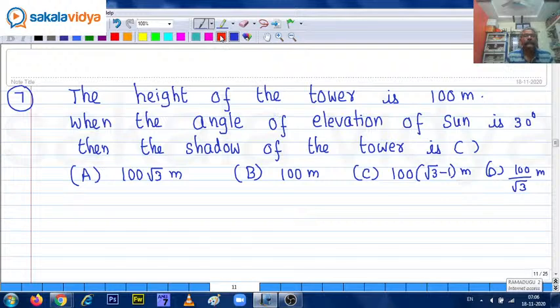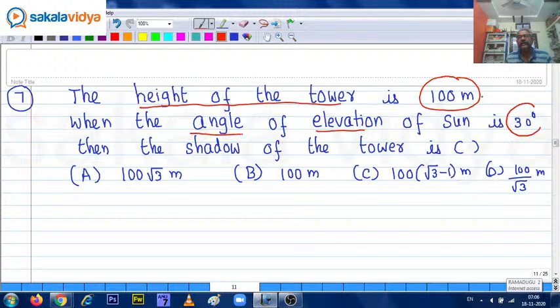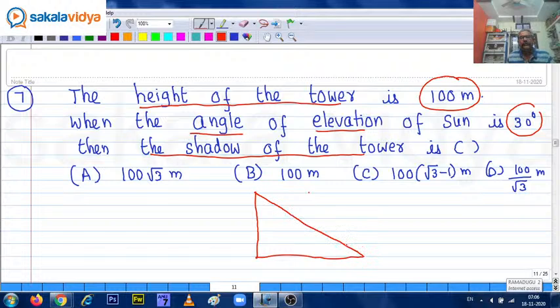Let us try. The height of a tower is 100 meters. The angle of elevation of the sun is 30 degrees. The length of the shadow of the tower we need to find out. So that means this is the tower, this is the length of the shadow. This is the angle of elevation, 30 degrees. Height of the tower is given, 100 meters.